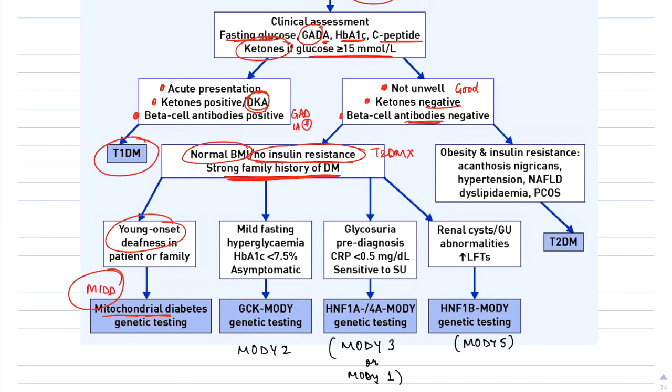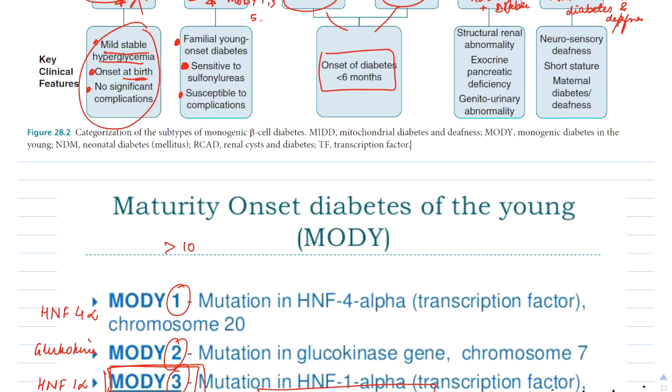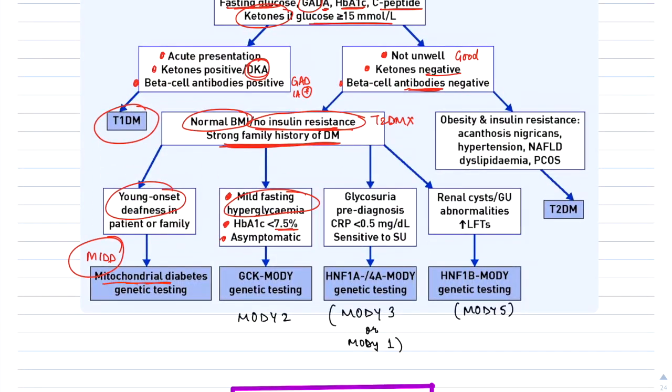If the patient with normal BMI, no insulin resistance, and strong family history has mild fasting hyperglycemia, HbA1c less than 7.5%, and remains asymptomatic, as we have discussed, with mild stable hyperglycemia and no significant complications, it will be glucokinase type of MODY.